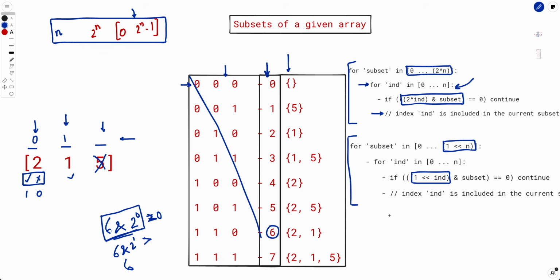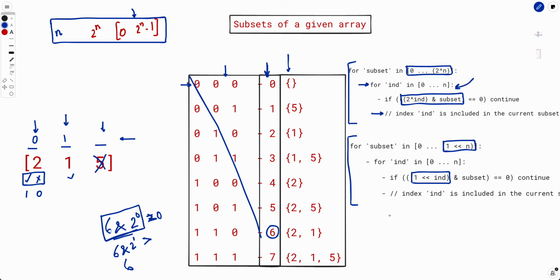Now, if you are not clear up till this point, I would strongly encourage you to rewind the video and watch it yourself. There are various different problems that you can solve yourself to make this concept a bit stronger. You can try out finding all the subset sums or something of that sort.